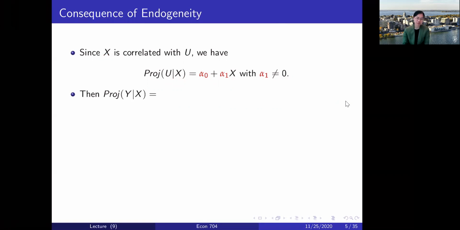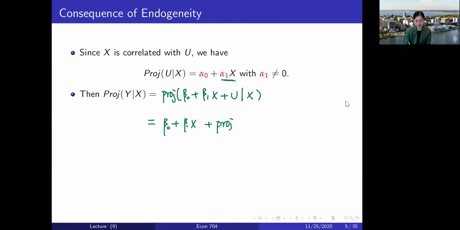If the projection of u on x is this linear function of x, then the projection of y given x will be the following, because y equals beta 0 plus beta 1 x plus u. And that projection will be equal to beta 0 plus beta 1 x plus the projection of u given x. We did exactly the same derivation in the previous video.